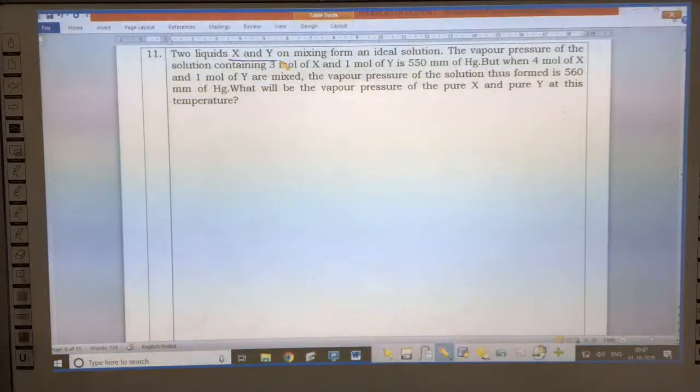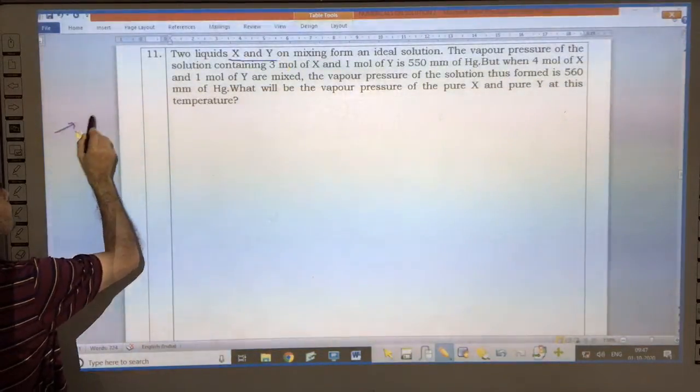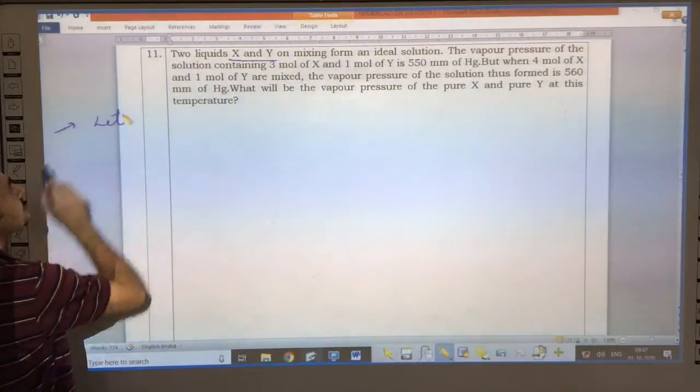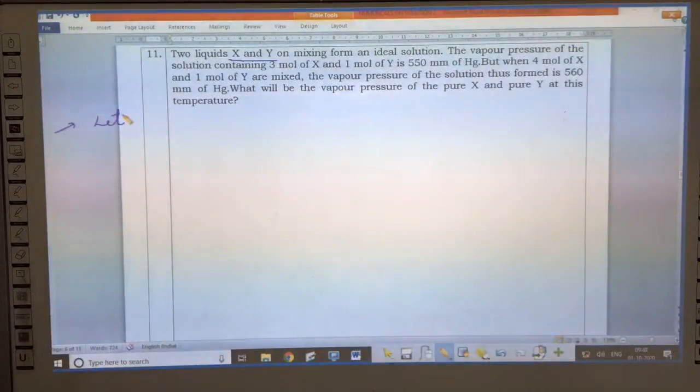Second part, 4 mole of X and 1 mole of Y is given. We have to calculate the pure vapor pressure of X and Y. Understood? Now let us solve this. What will be the vapor pressure of pure X and pure Y?